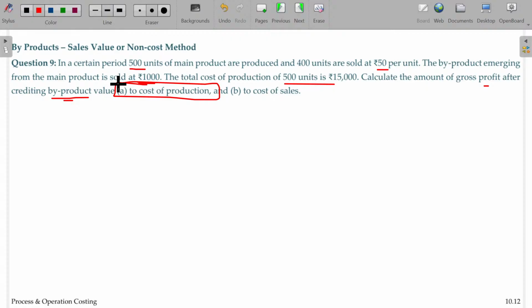Now find out the cost of production first of all. What's the cost of production? 15,000.